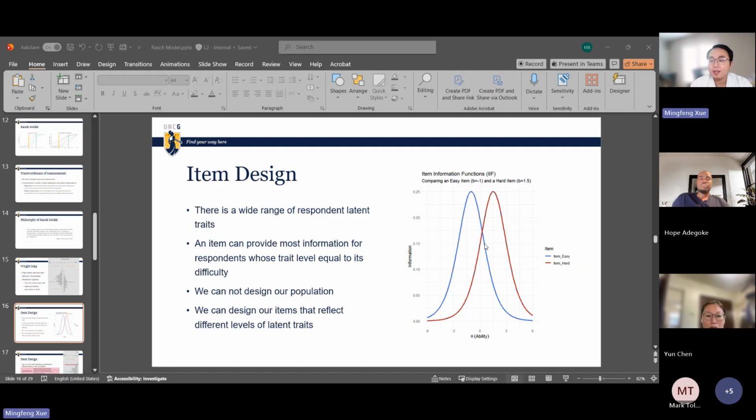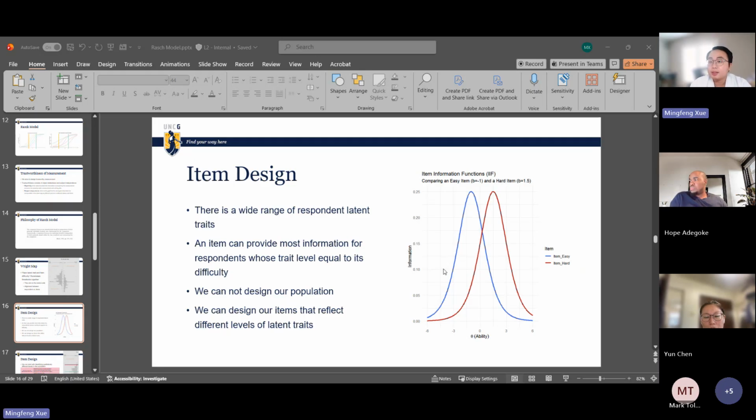For the blue item, its difficulty is -1, and therefore it provides more information to the respondent whose latent trait is -1. And the red one is the more difficult item, whose difficulty level is 1.5, and we have the most information for the respondent at theta of 1.5.